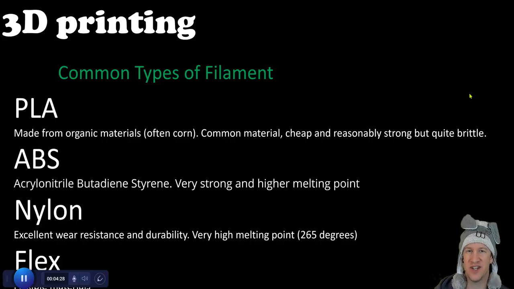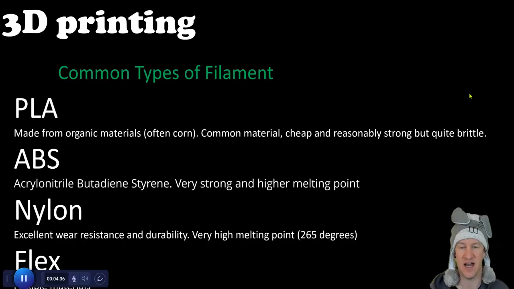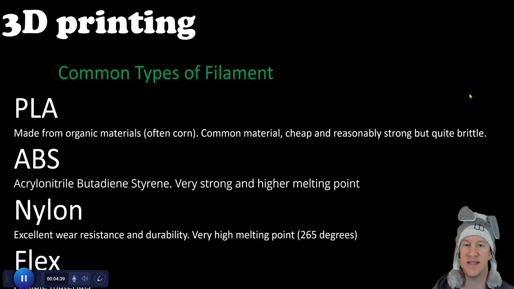It is fairly brittle, so you can snap it depending on how strong your object is. But the best thing is it's cheap. It's far safer for the emissions and the hazard that it presents. And it's a bit more environmentally friendly than some of the other materials. One of the other more common filament types is called ABS.